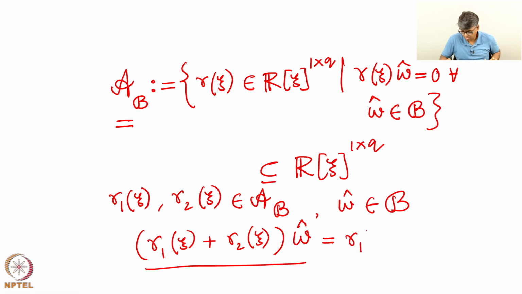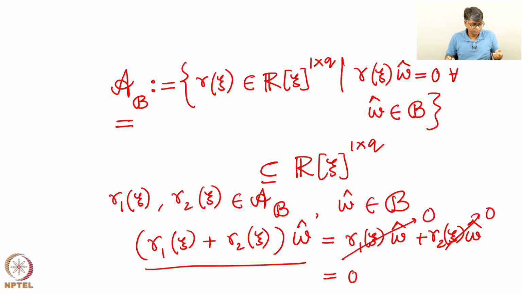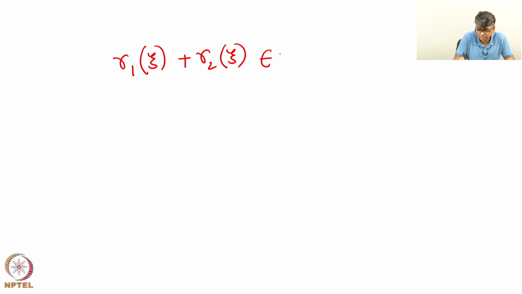That means this is equal to R1 xi W hat plus R2 xi W hat. But individually this is 0 and this is 0, so this must also be 0, which means R1 xi plus R2 xi must be in the annihilator set. So it is closed under addition.